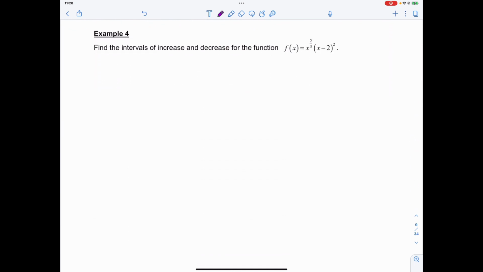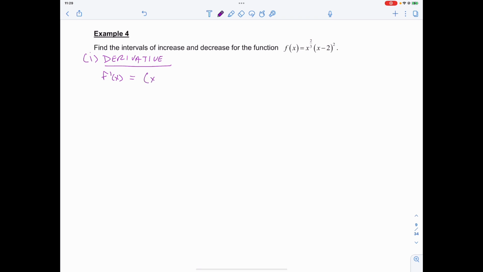For our last example, it says find the intervals of increase and decrease for the function f of x is equal to x to the power of 2 over 3 times x minus 2 squared. So, just like in the previous cases, our first step is going to be solving the derivative. And for this one, we're going to be using our product rule and our chain rule.